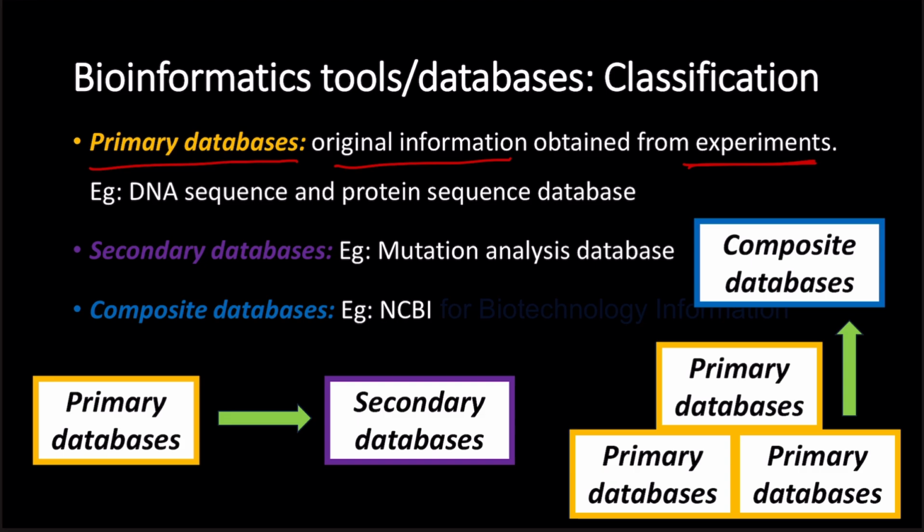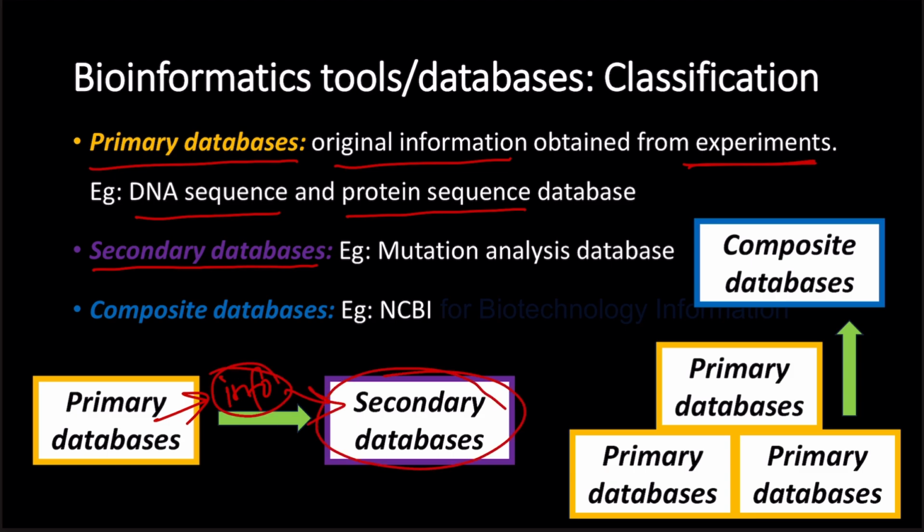It will include original information like the DNA sequence and the protein sequence, that is the amino acid sequence in proteins and the different protein sequences in a particular molecule. Secondary databases obtain information from the primary database, analyze it, and then form a particular database.